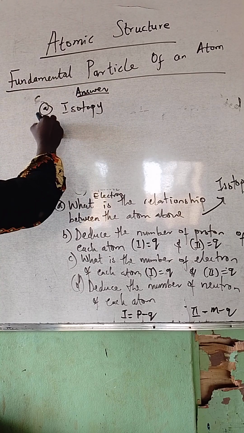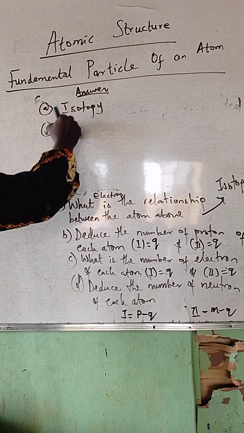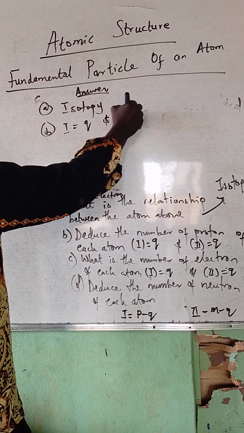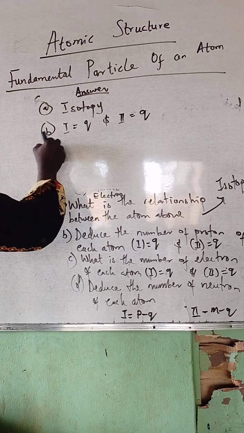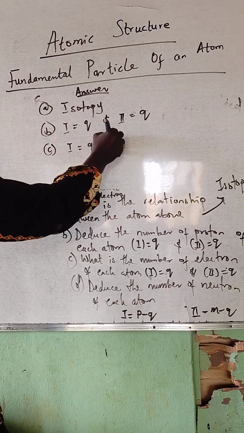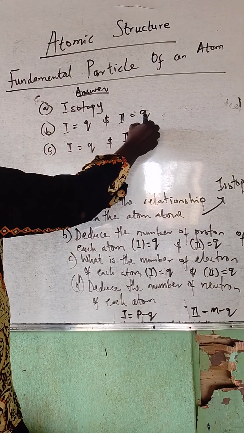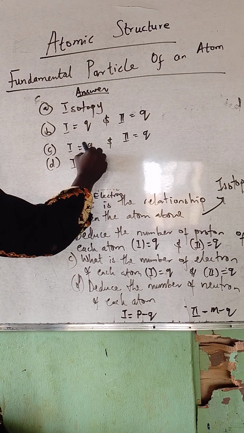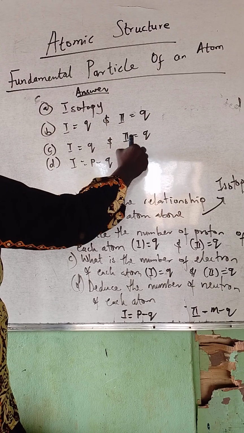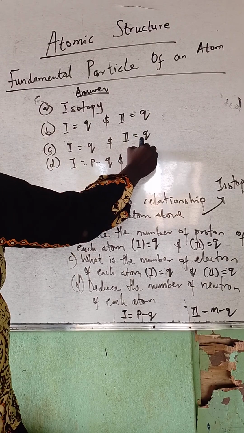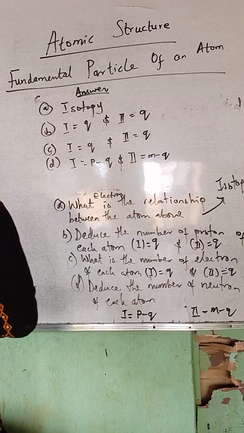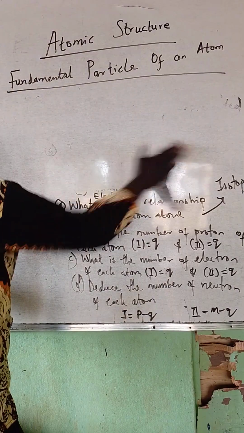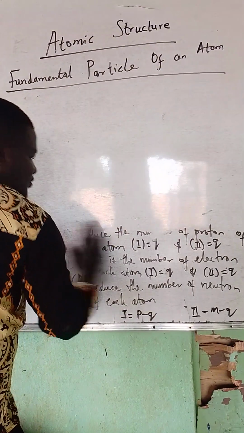B, number of protons: in the first one, Q, and in the second one also Q. C, electron: the first is equal to Q, and this one also Q. Then the neutron: the first is equal to P minus Q, and the second one is equal to M minus Q. So we are moving to calculation.